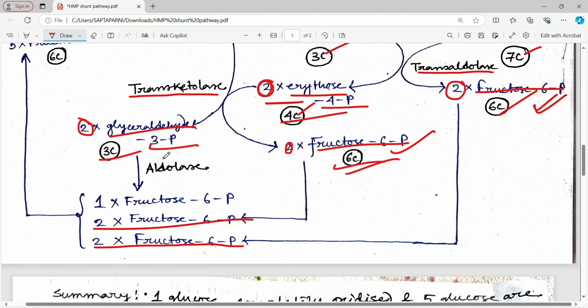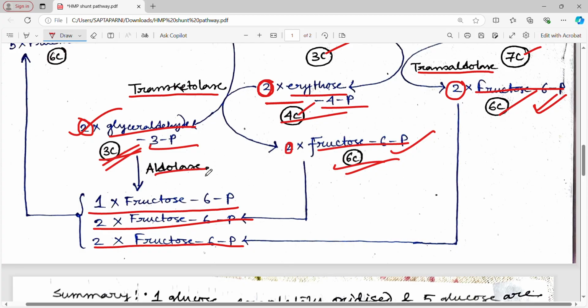And these 2 molecules of glyceraldehyde 3-phosphate, which are 3 carbon in nature, get condensed into 1 molecule of 6 carbon fructose 6-phosphate, and it is a reversal reaction of glycolysis. As in glycolysis, we have seen that 1 molecule of fructose 6-phosphate gets converted into 1 molecule of glyceraldehyde 3-phosphate and 1 molecule of DHAP with the help of aldolase.